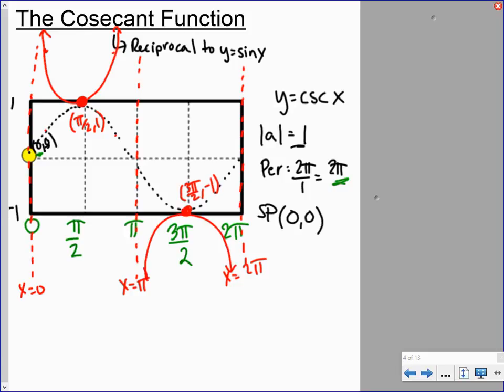You don't normally need to draw those extra points for me. It's just to give you an idea of why we have a U that opens up and a U that opens down. Because those fraction values that were less than 1, when you do a reciprocal, they become improper. So they become more than 1. They're outside of the frame. Does that make sense? So it's just a bunch of U's tangent to the min and max of the sine function.